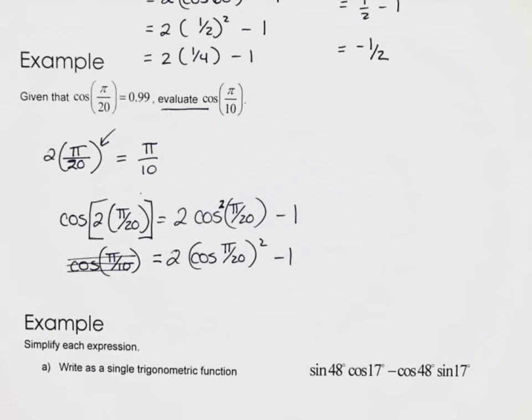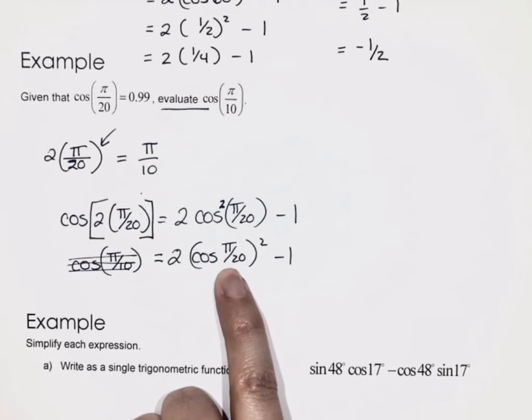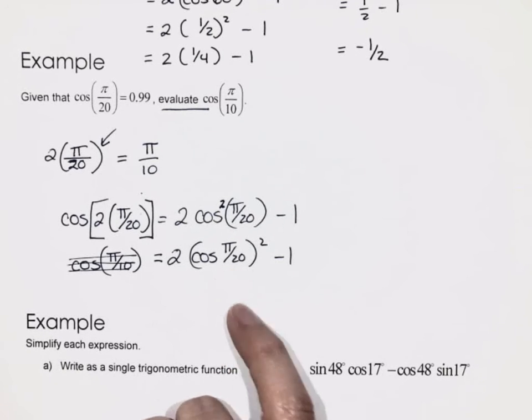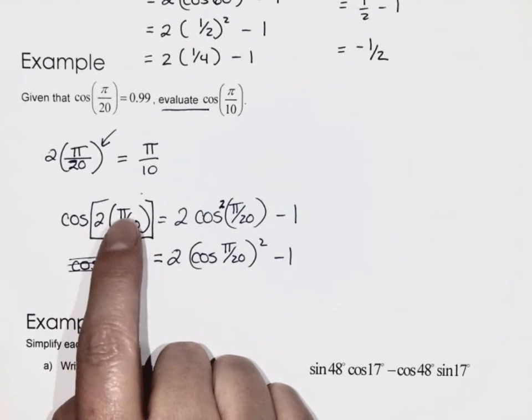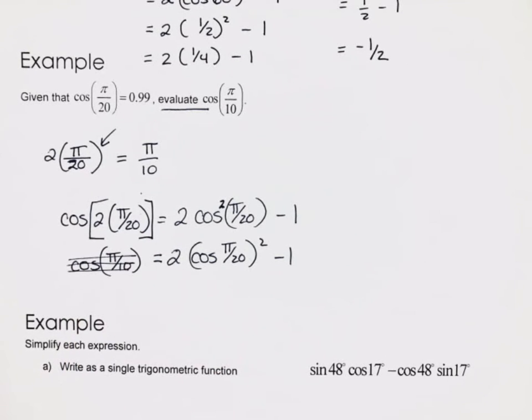See, the way I'm doing it, the number that we're evaluating is always on the left-hand side. And that's fine, as long as you know that that's not the number that gets substituted into the formula. You need that double angle there. I need this because that's the piece of information that I have.